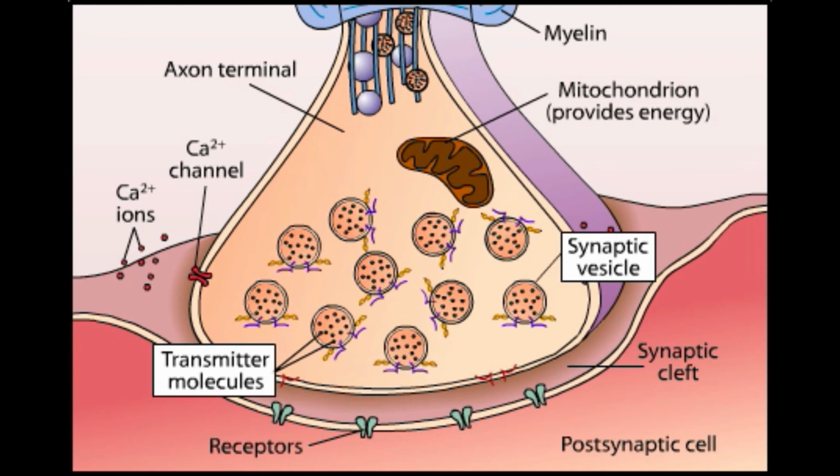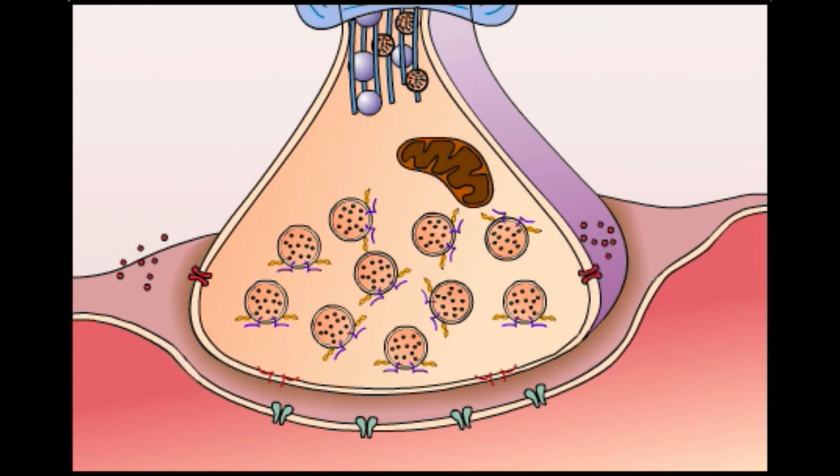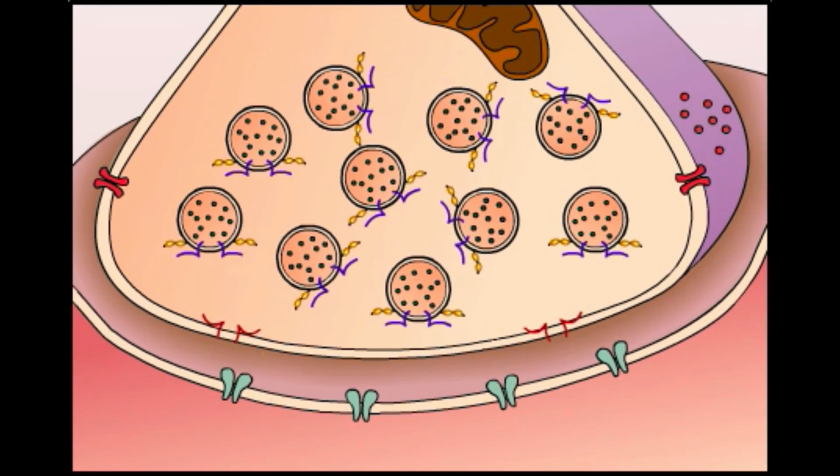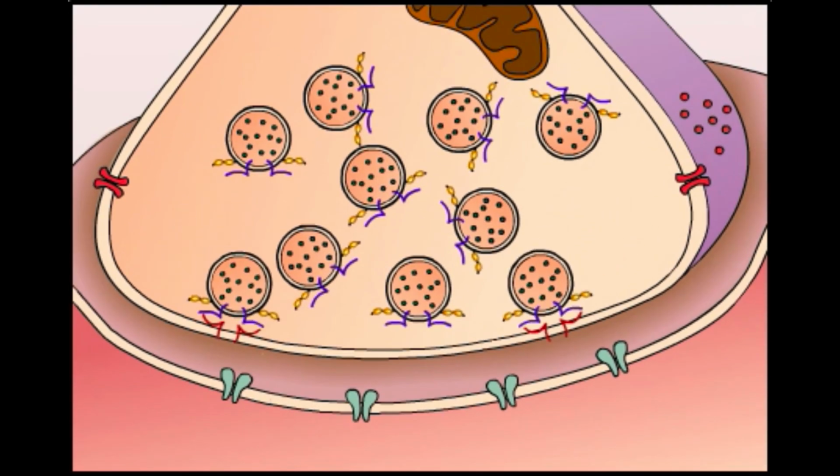Synaptic vesicles exist in distinct pools, either tethered to the cytoskeleton in a reserve pool or free in the cytoplasm. Some of the free vesicles make their way to the plasma membrane and dock as a series of priming reactions prepares the vesicular and plasma membranes for fusion.